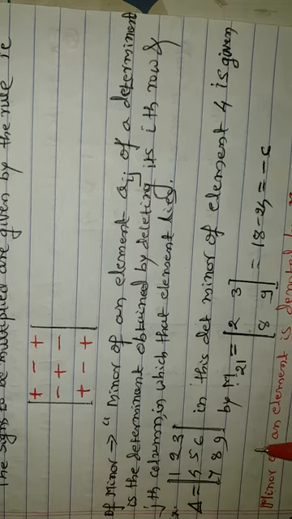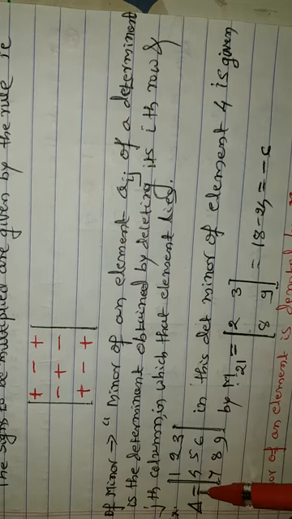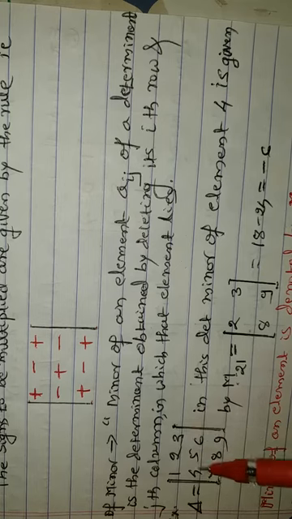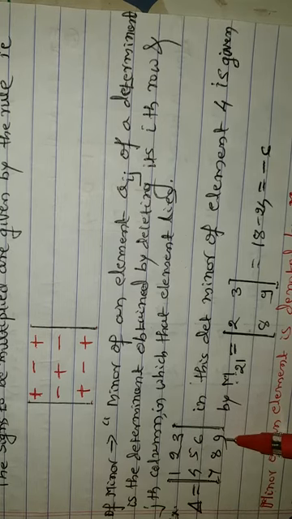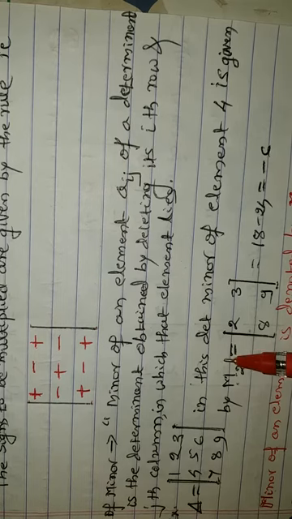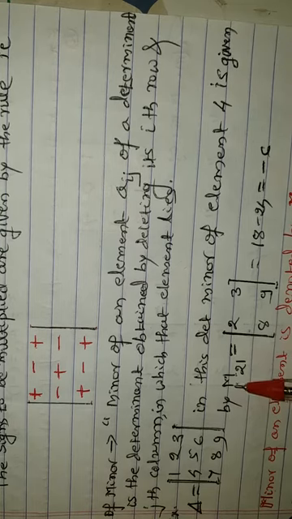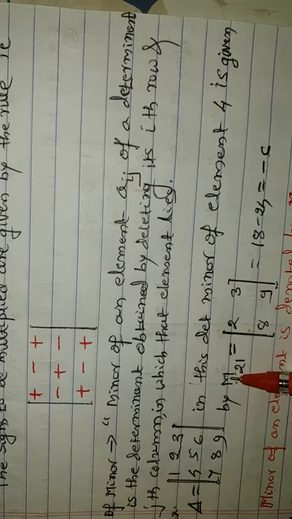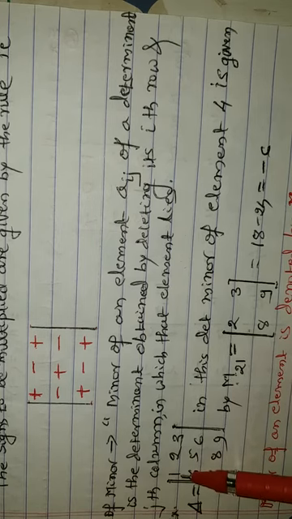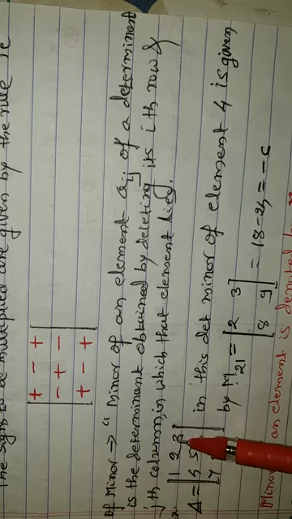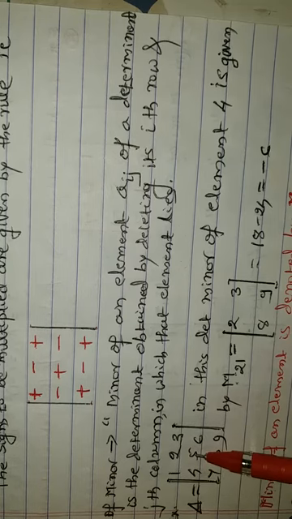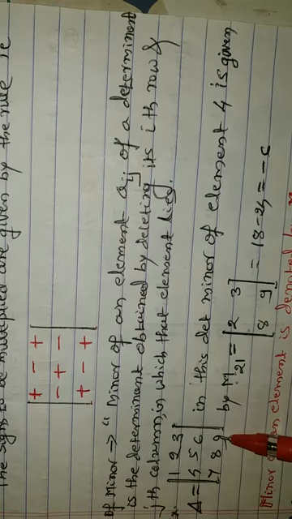For example, let delta be the determinant 1, 2, 3; 4, 5, 6; 7, 8, 9. In this determinant, the minor of element 4 is given by... Always, minors are denoted by capital M. Generally, consider a determinant a11, a12, a13; a21, a22, a23; a31, a32, a33.